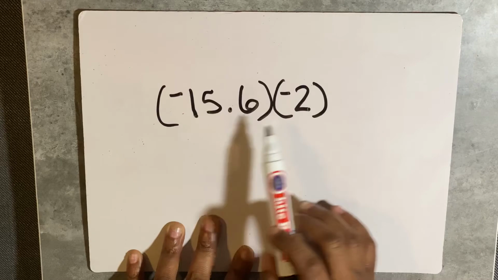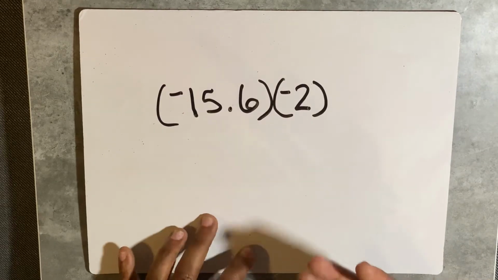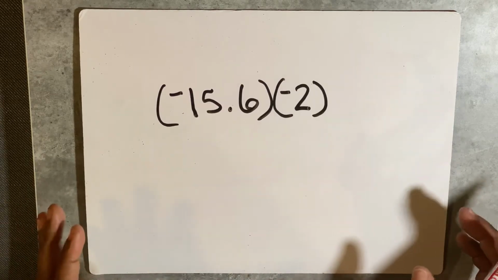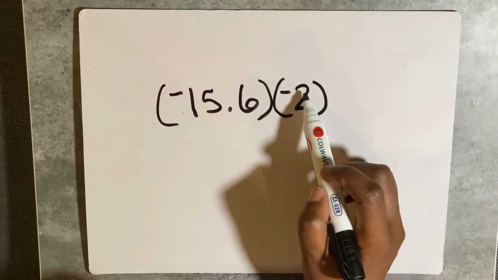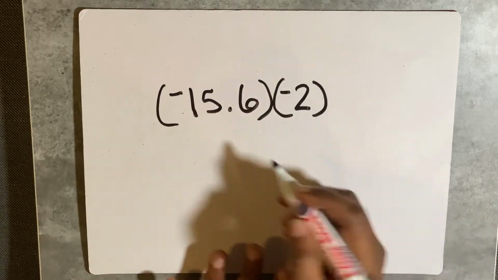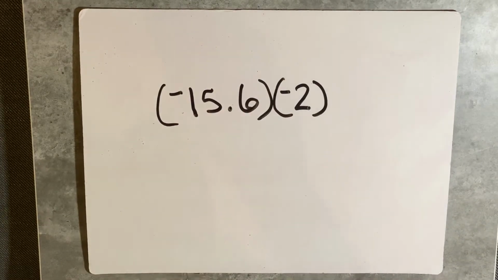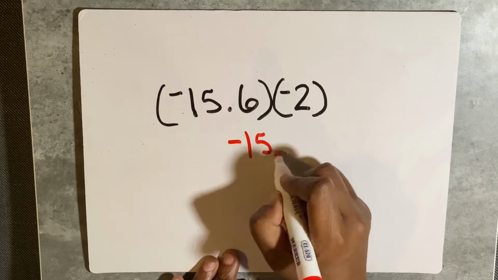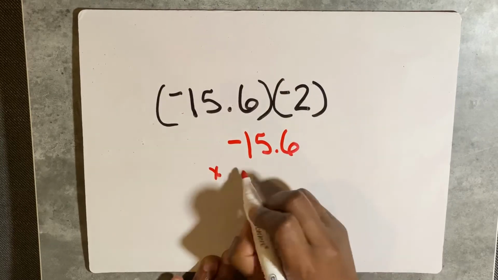When I see this, generally you would want to lay it out the normal way. Now you can do it this way and say this times this will give me something, and then that can look confusing. So we're going to set it up as we would normally see a multiplication problem.